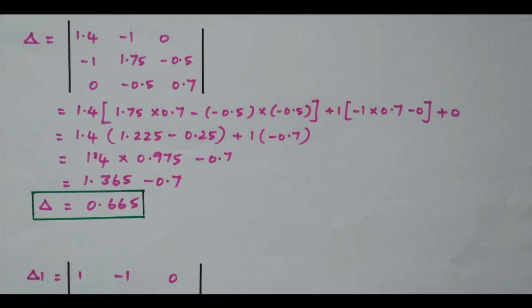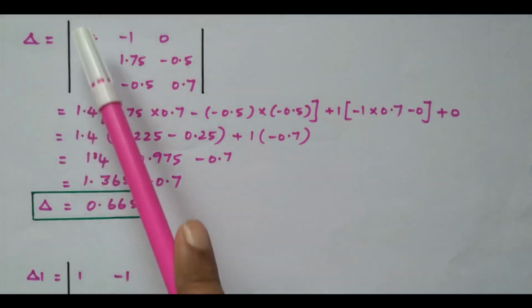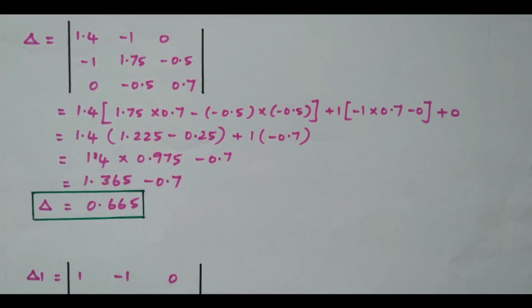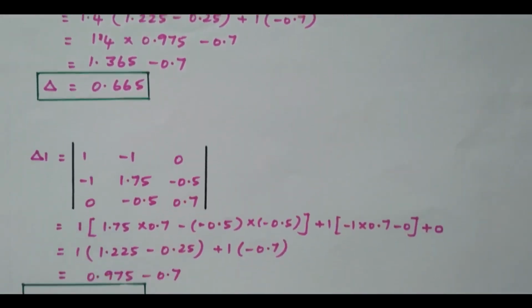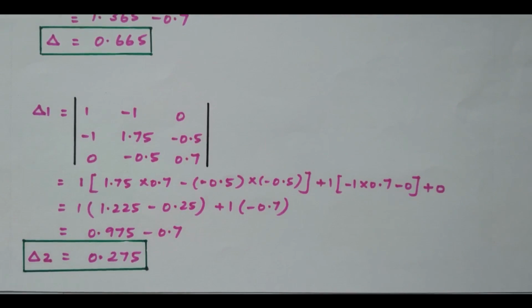Now we'll go to the delta 1. By replacing the first column with the current matrix, we'll get the delta 1. So the first column is replaced: 1, minus 1, 0 is nothing but the current matrix. Remaining are as they are. Now we'll go to the determinant.